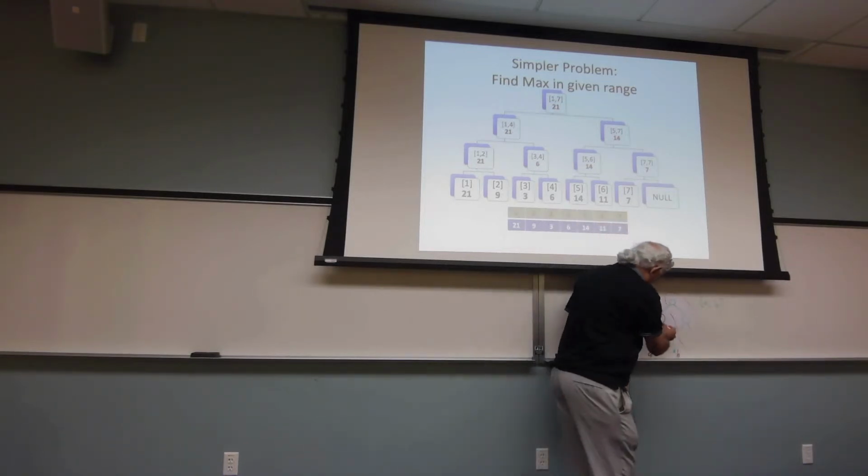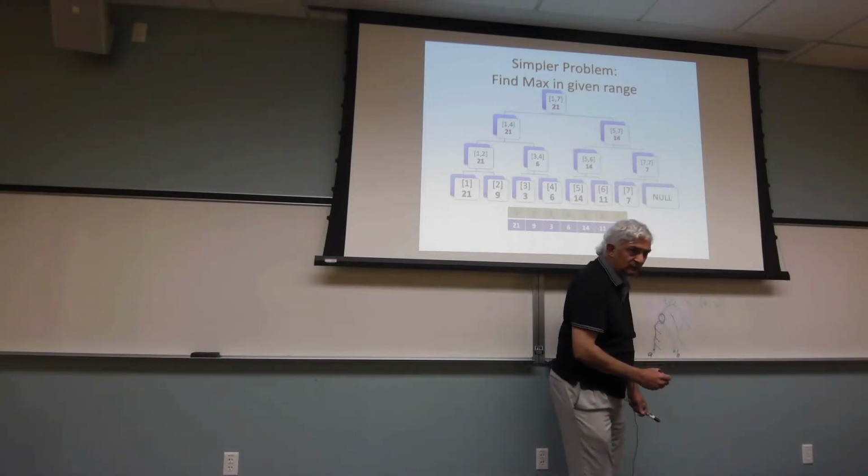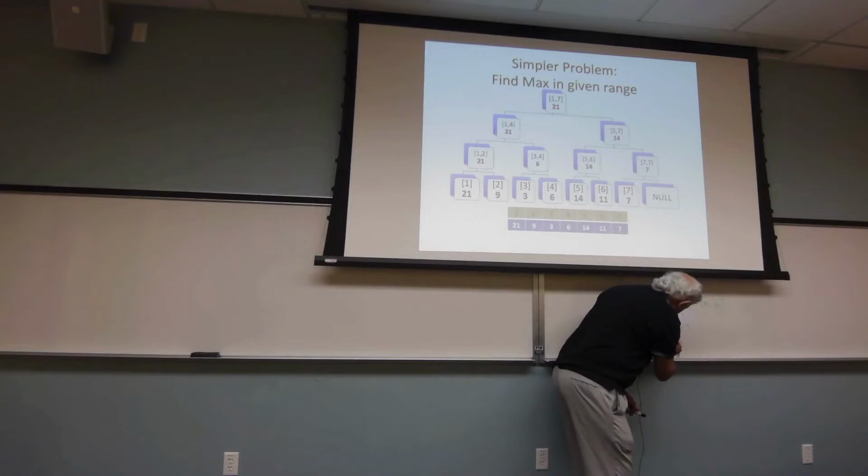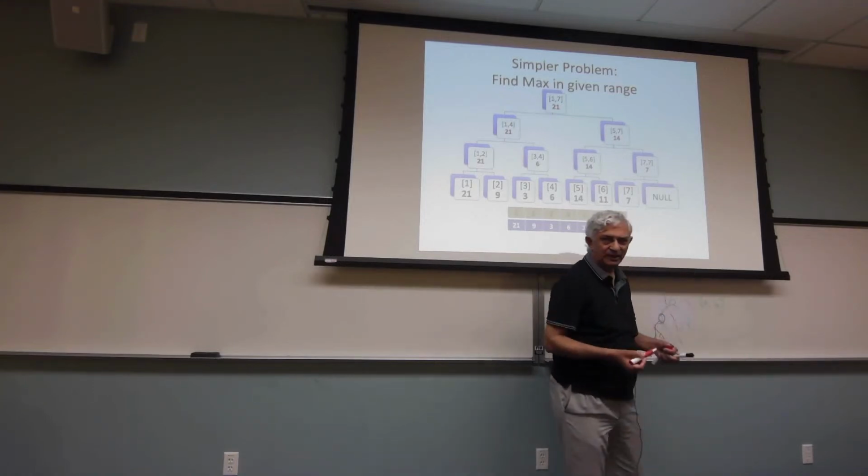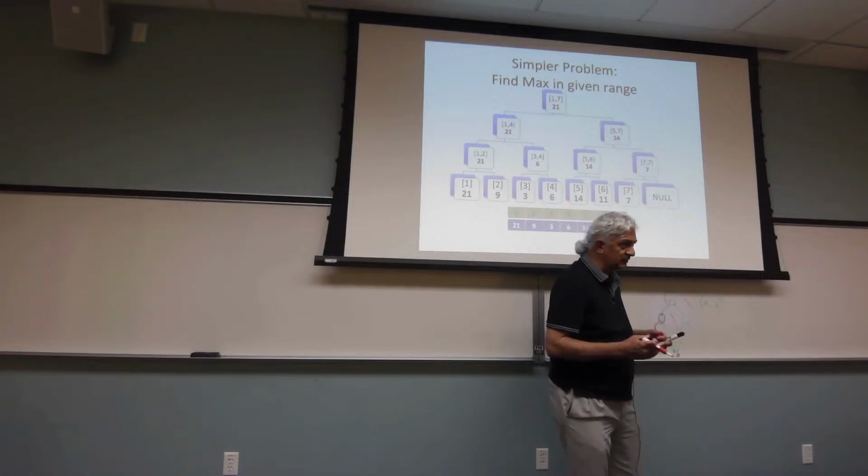And over here, I am going to come down this tree, and anything that hangs off as a right child, and all the subtrees that hang off over here, are all going to contribute some answers, and they all need to be considered.